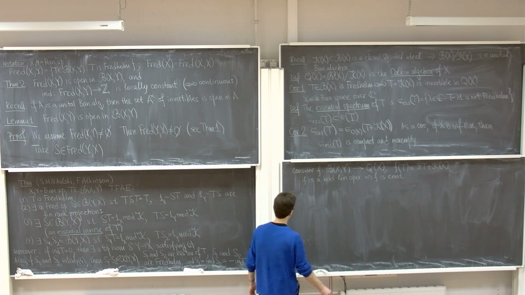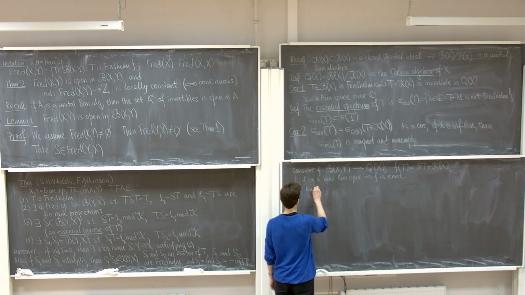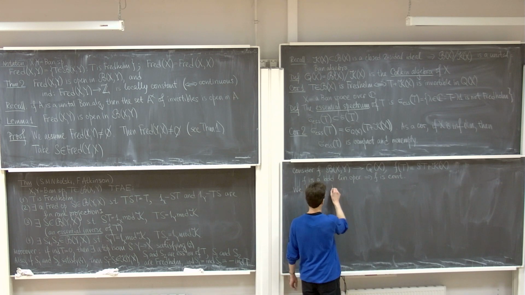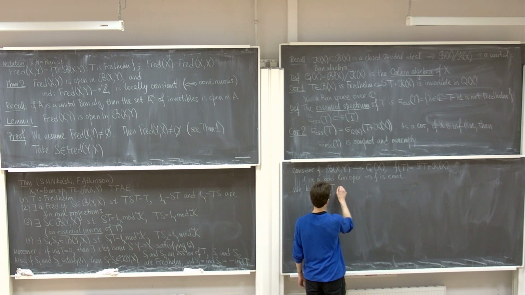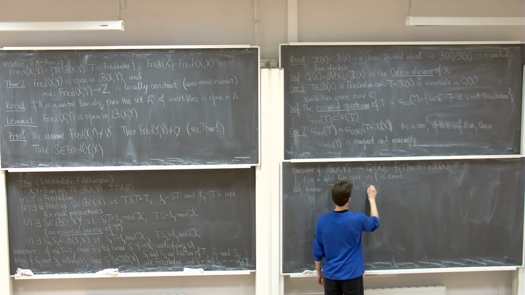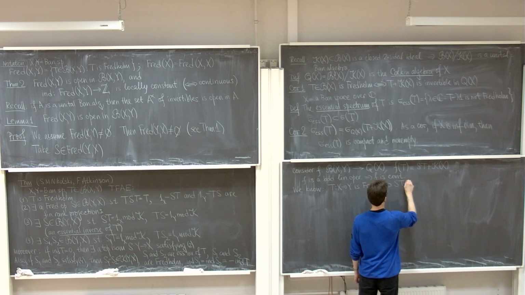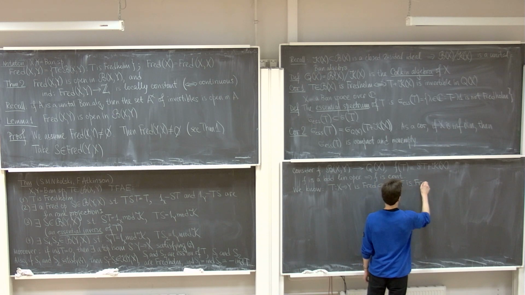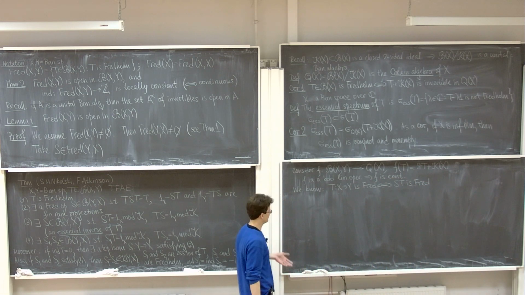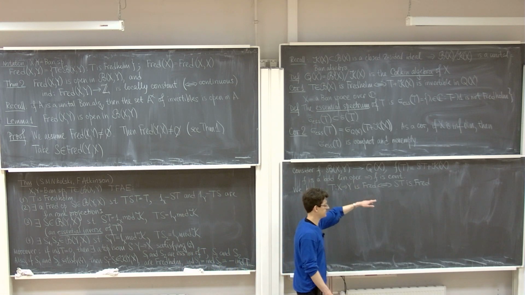And let's now recall the following fact, which was proved some time ago. We know that an operator T from x to y is Fredholm if and only if ST is Fredholm, if we assume that S is Fredholm.